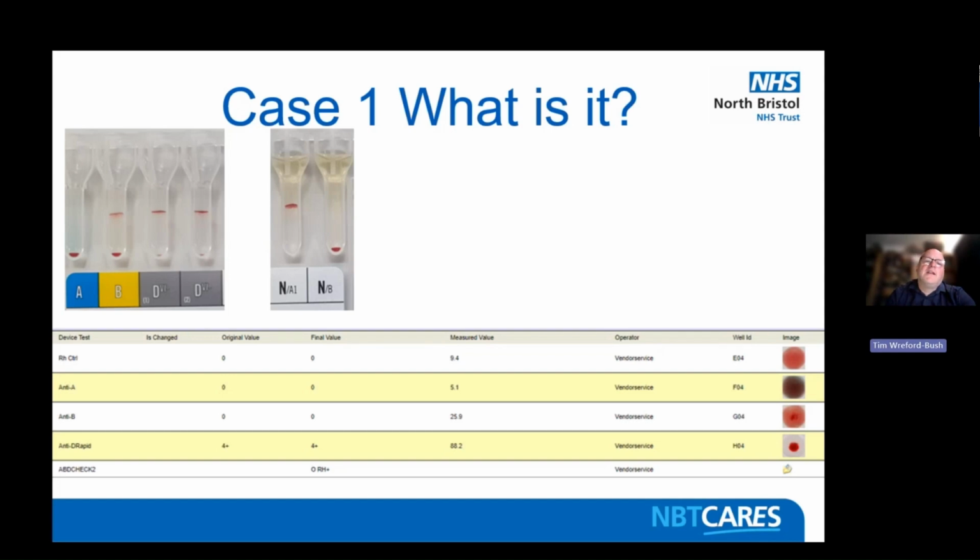We've got positivity in the A cells and negativity in the B cells, which indicates from the reverse group that they are a B patient. We look at the forward group, we've got negative in the A, which again indicates they are not A, but we've got mixed field in the B, indicating that some of the cells are B and some of the cells are not B.